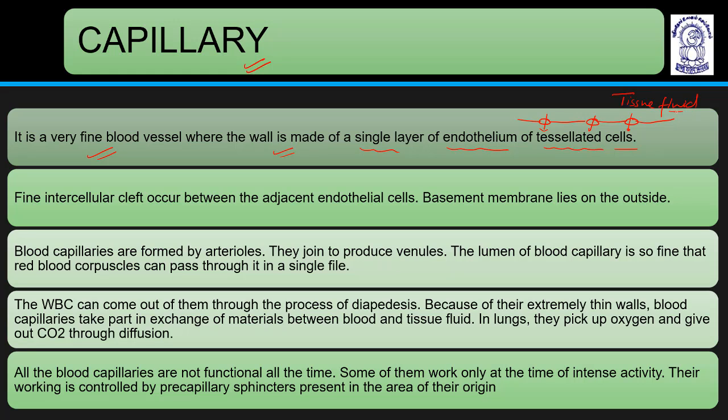It is a very fine blood vessel where the wall is made up of a single layer of endothelium of tessellated cells. Fine intercellular clefts occur between adjacent endothelial cells.